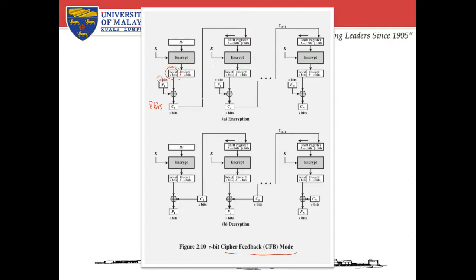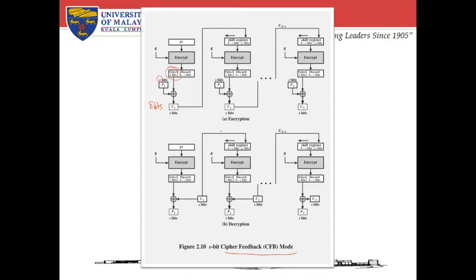For decryption, the same scheme is used except the received ciphertext unit is XOR with the output of the encryption function to produce the plain text unit. So you XOR the C1 with the encryption function, and then you get the P1, the plain text number 1.